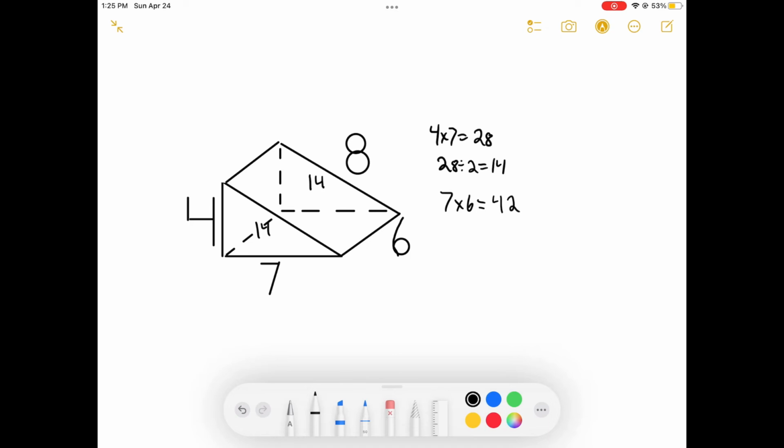Now let's do 6 times 8. 8 times 6 equals 48. And then we have 4 times 6, which equals 24. Now what we're going to do is add it all up step by step. So 14 plus 14 equals 28.